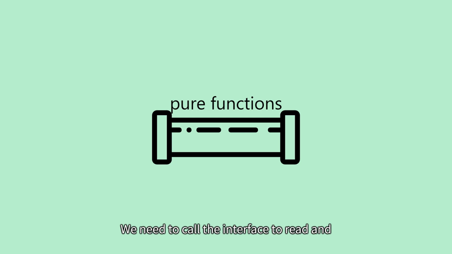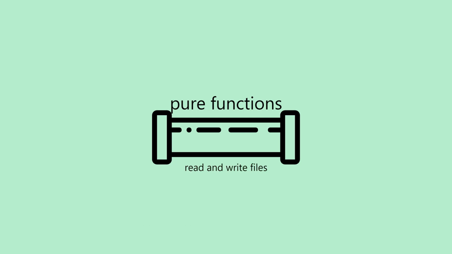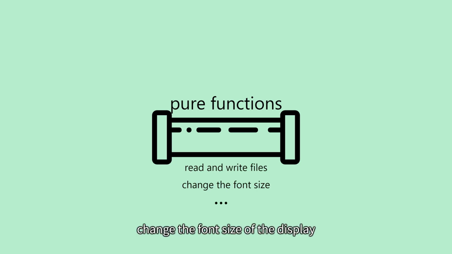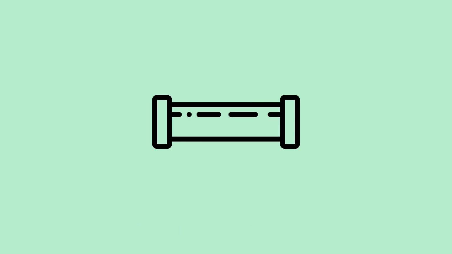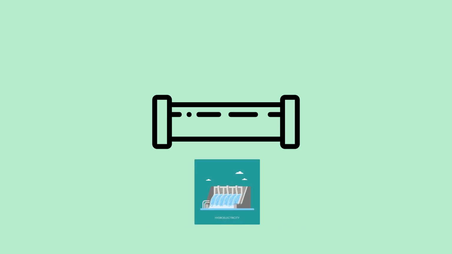However, the real world is complex and changeable. We need to call the interface to read and write files, change the font size of the display, and so on. We count these all as side effects. For example, when this water pipe is carrying water, it can also generate electricity by water conservancy.